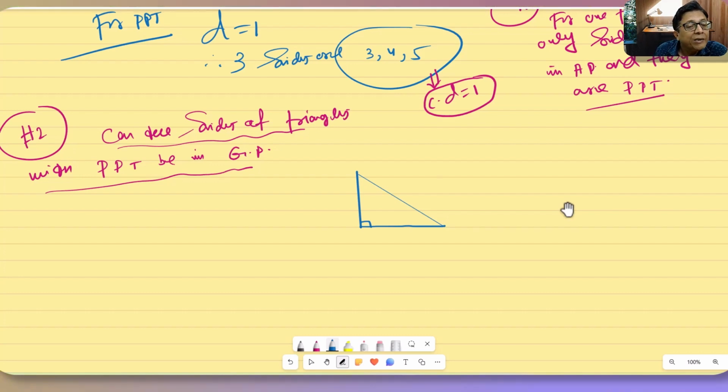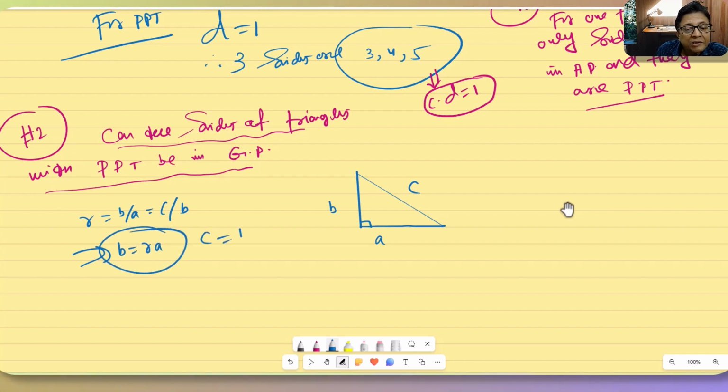So you take the length of sides as A, B, C and common ratio equal to R. So R will be equal to B by A, C by B. This implies B equal to AR, C equal to BR, that is AR square. Now this is A, this is AR and this is AR square.